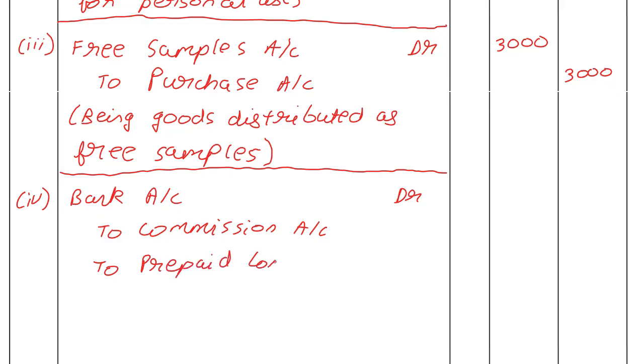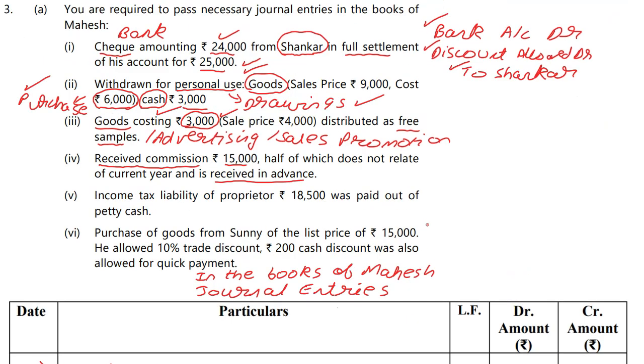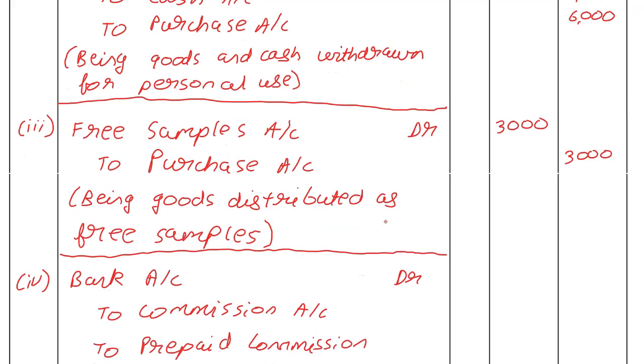Now prepaid commission account is a liability account. In a way, we debit what comes in, we credit all incomes and gains. And we credit the receiver in a way where the liability account denotes something that we are still liable to our client for. Now we have 15,000 received and it's half and half.